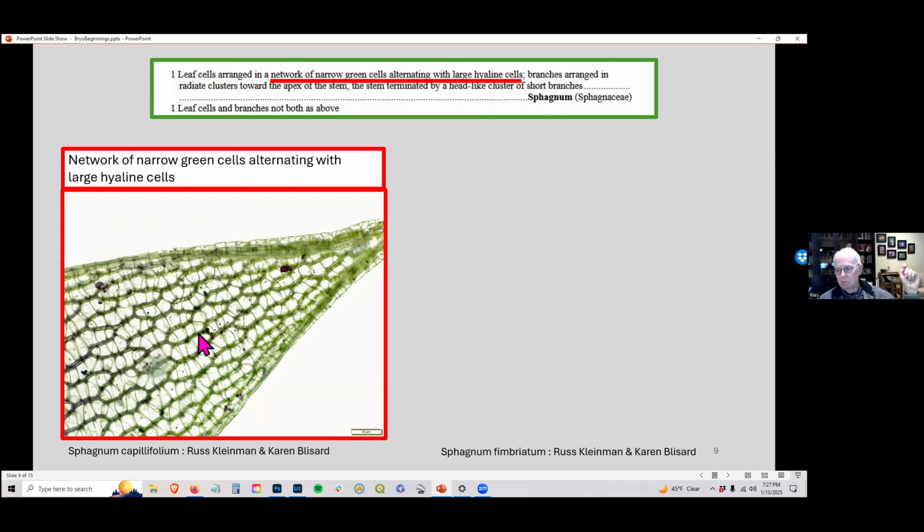Those are cells. And so that's a cell there and that's a cell there. And in between are these other cells. And these little things in here that look like little barrel staves, they're not cell walls either. They're fibrils. And this particular sphagnum has fibrils in it. So when you're talking about a network of narrow green cells, that's these guys alternating with large hyaline cells. That's these guys.